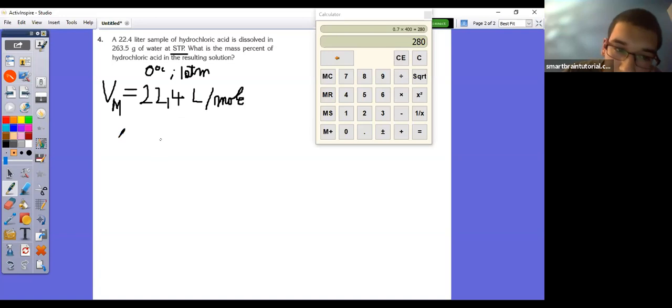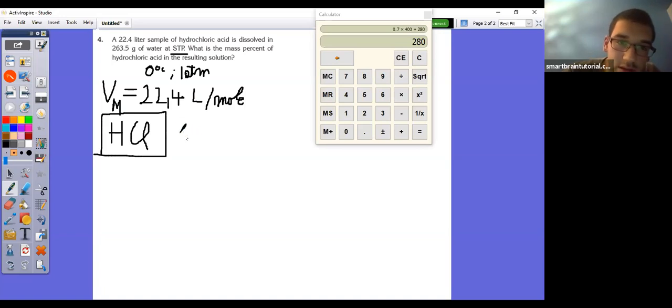Do you know the formula of hydrochloric acid? No. HCl, hydrochloric acid. This is the chemical formula. Okay, first of all, we must find the number of moles.